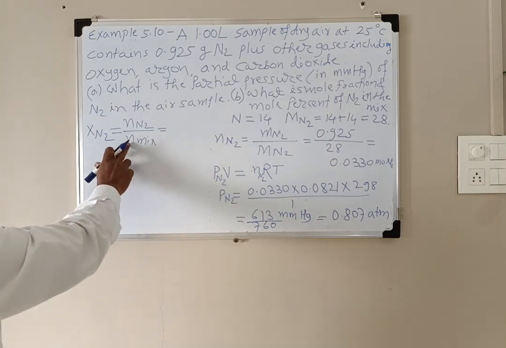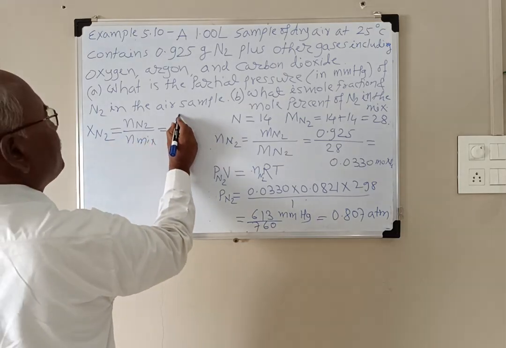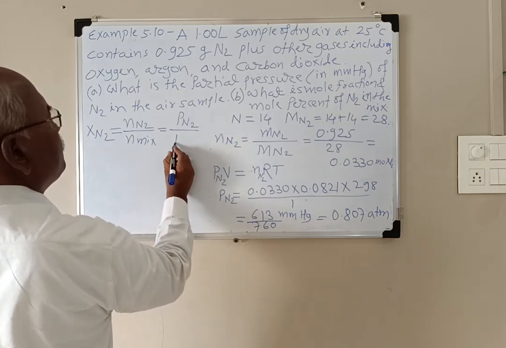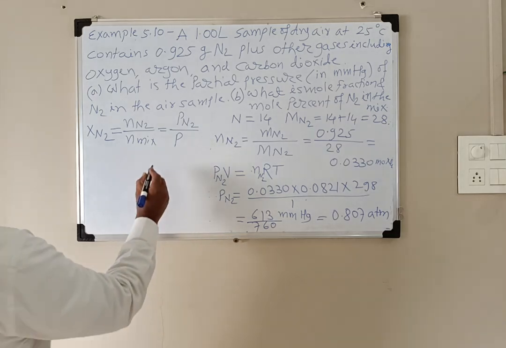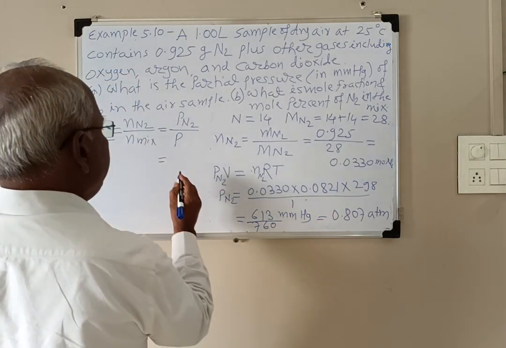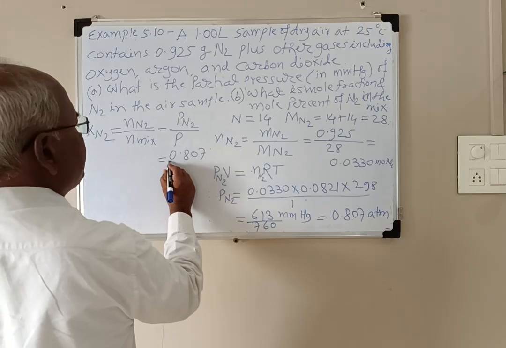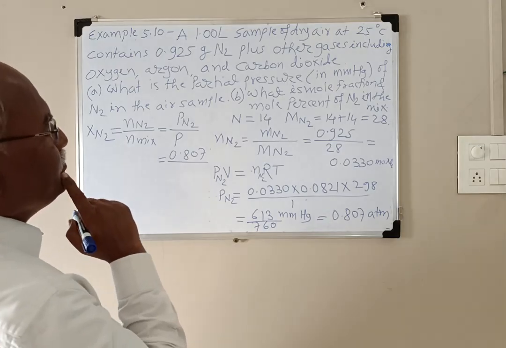But we don't know the number of moles of the mixture. This mole fraction is also proportional to the partial pressure of nitrogen to the pressure of the mixture. So that is equal to the partial pressure of nitrogen 0.807 divided by the pressure of the mixture. How will you calculate the pressure of the mixture?